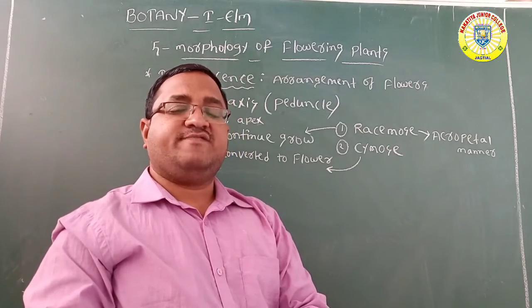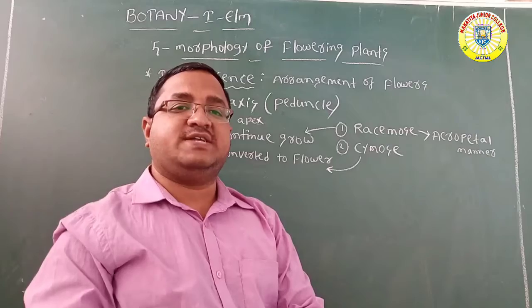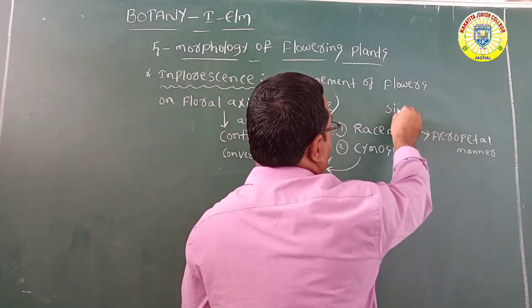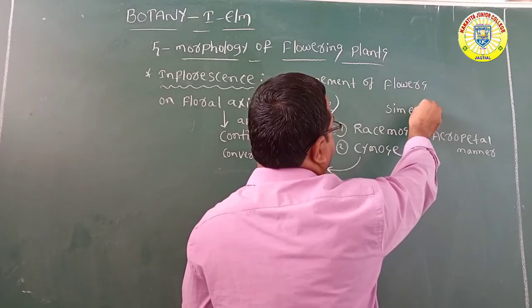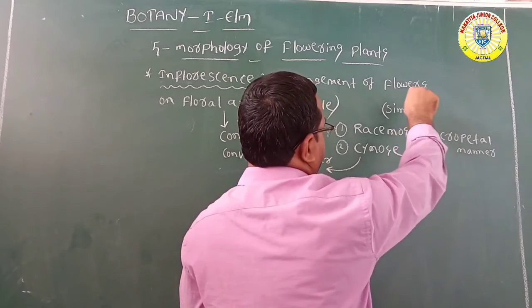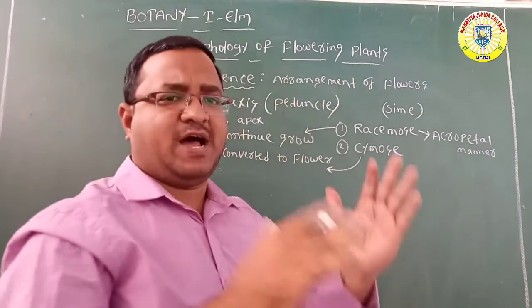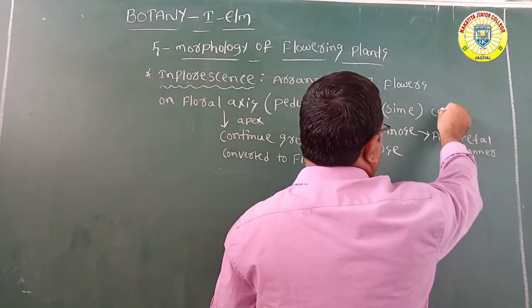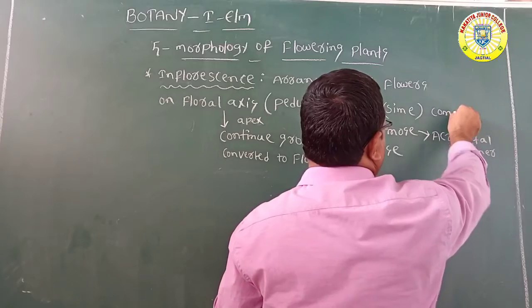If the floral axis is single, we call it simple inflorescence or simple racemose. If the floral axis has any branches, that is compound racemose, or compound inflorescence.